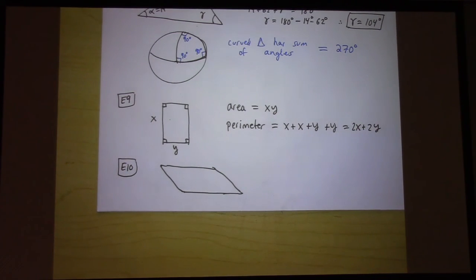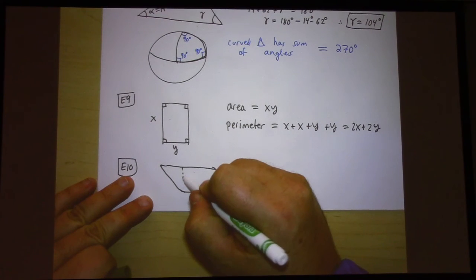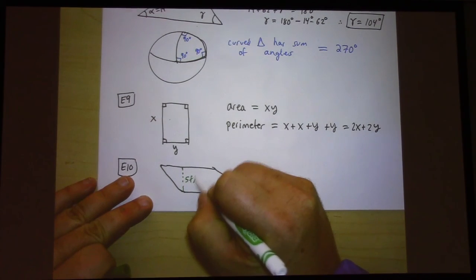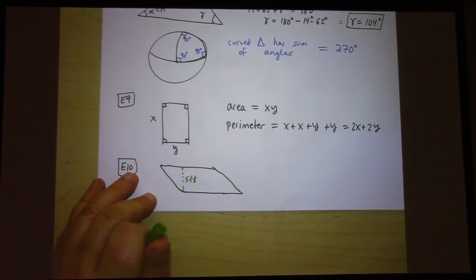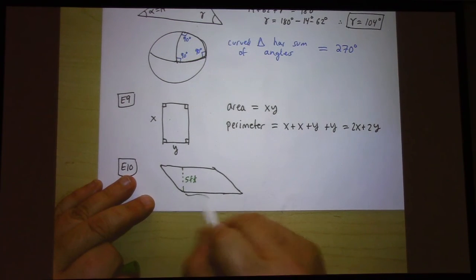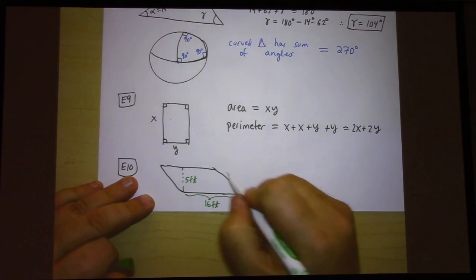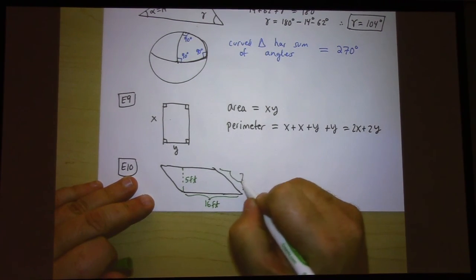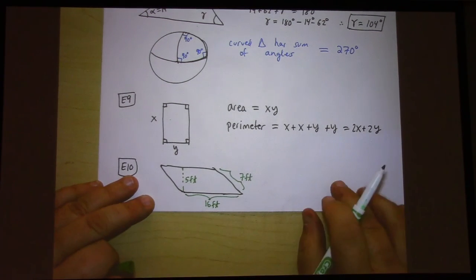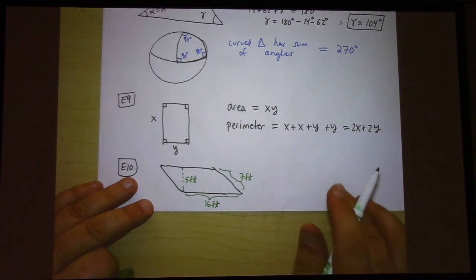But anyway, I'm given that this height right here is 5 feet, and I'm given that this down here is 16 feet. And I'm also given that this distance over here is 7 feet. And again, I'm asked what's the area and what's the perimeter.